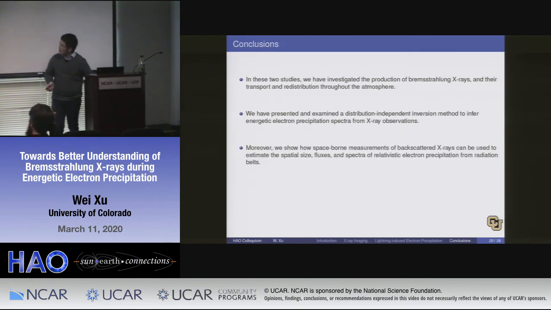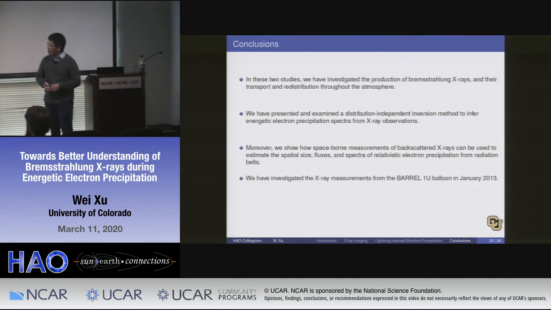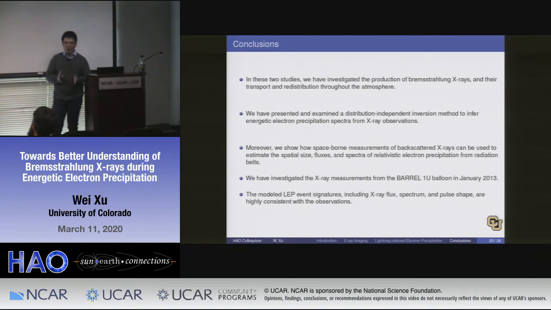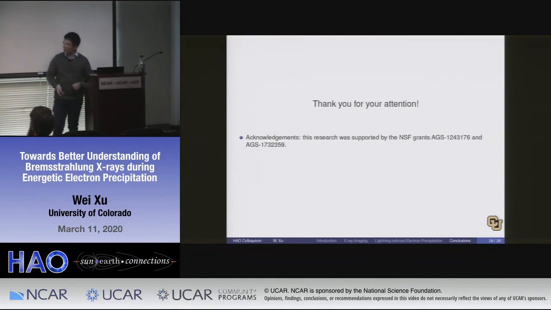In the second study, we have investigated the first X-ray measurements of an LEP event. I still tend to believe so, although we cannot find the source lightning discharge. The simulated X-ray pulse and energy spectrum are highly consistent with balloon measurements. It's only that we cannot find the parent lightning discharge from ground-based measurements. And that summarizes my talk. Thank you.